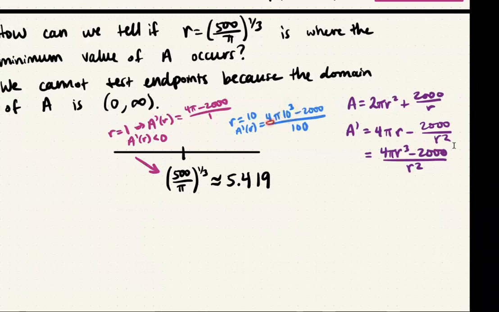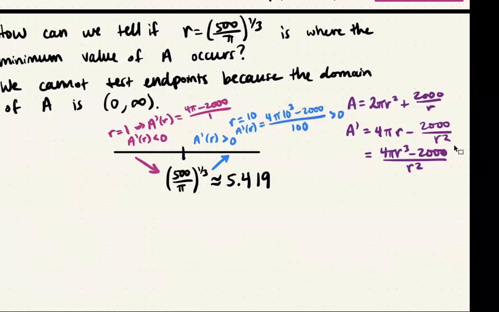And now I have 4 times pi times 1,000. So this is bigger than 4,000. It's 4,000 times 3 point something. So it's definitely bigger than 2,000. So now I have something that's bigger than 2,000 minus 2,000. This is positive. So here A prime of r is greater than 0. So I know my function's increasing on the other side of the critical point.